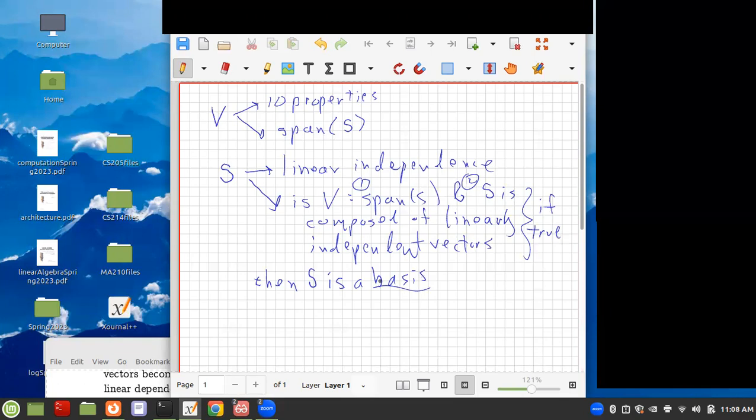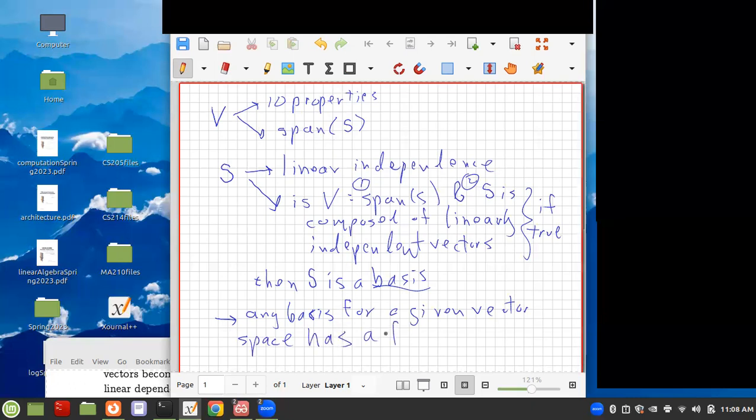And it turns out you can show that any basis for a given vector space has the same number of vectors.